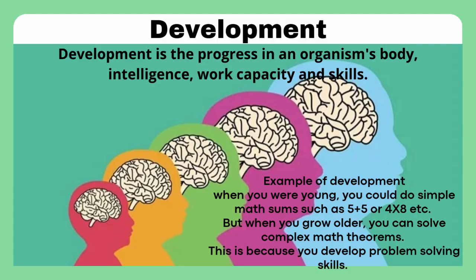How did all of this happen? It's because you did not only grow in your body, but your brain developed new skills. So, development involves learning new skills and applying them in real life, whereas growth is restricted only to the increase in size and number of cells.